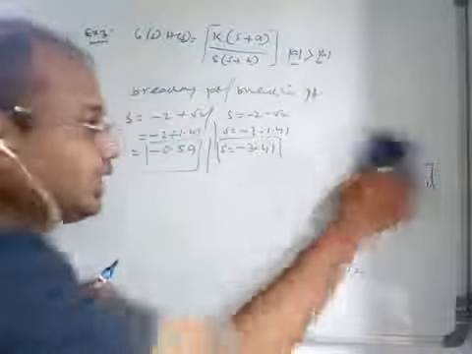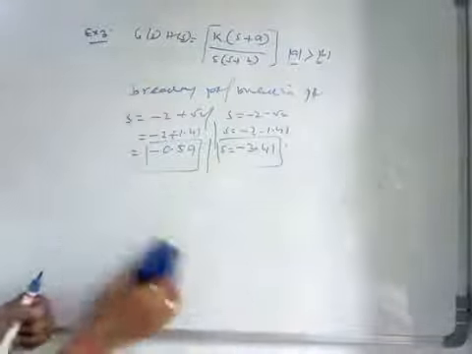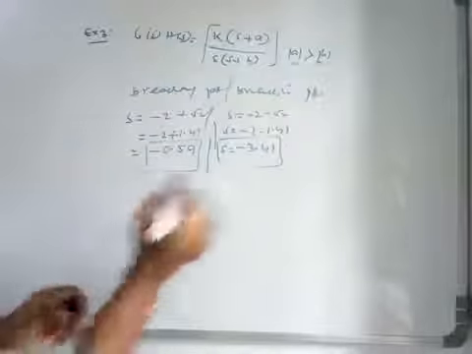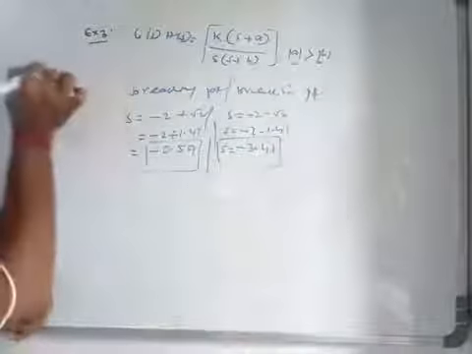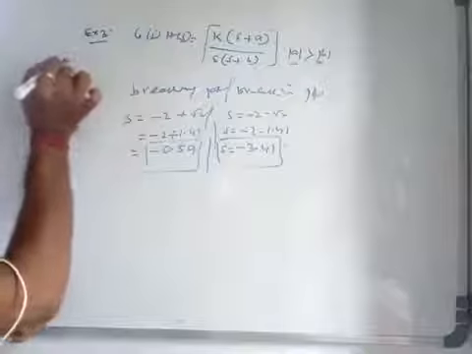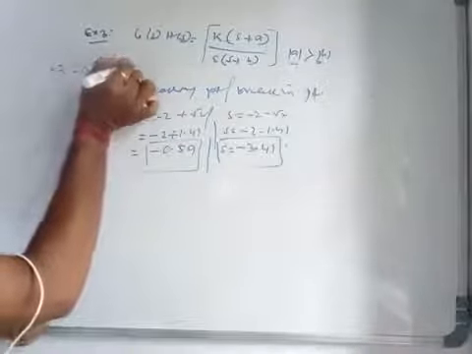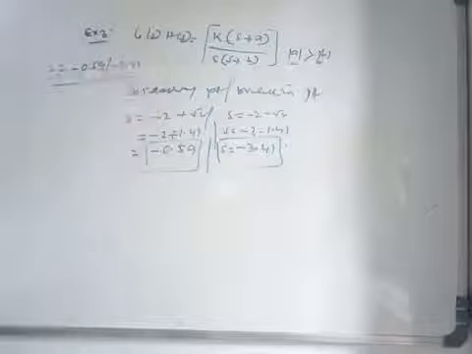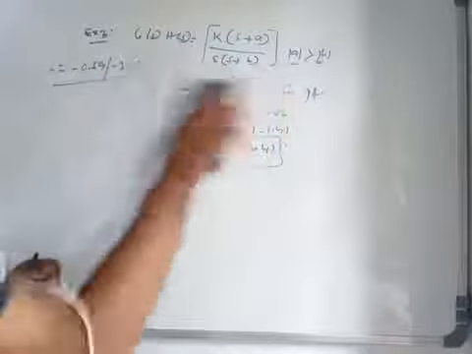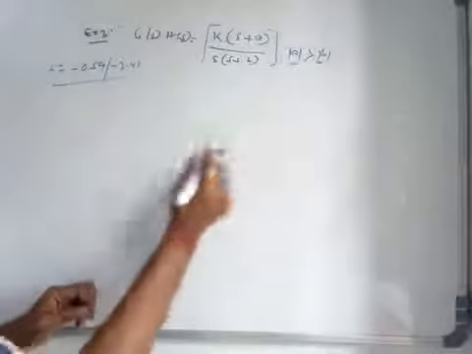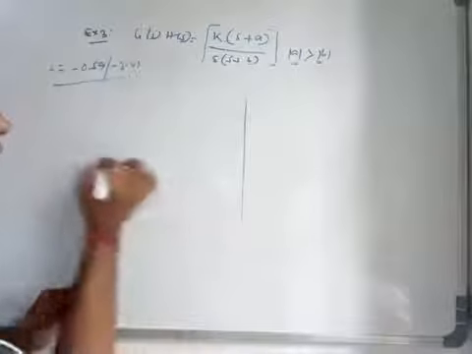So the Root Locus plot of this system will be circular in nature, and we are getting the breakaway points like this, minus 0.59 and minus 3.41. Removing all these steps to rewrite the Root Locus plot, so far we have developed the Root Locus plot is like this.